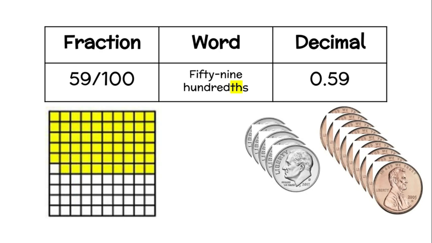Now we have 59/100. You can see 59 of the 100 squares are colored yellow. We have the word 59/100 with that th right after the word hundred. And then for our decimal, it looks just like 59 cents or $0.59 of a dollar.